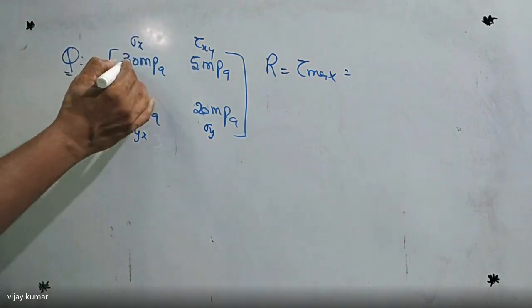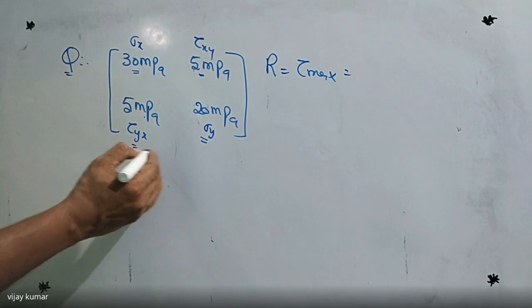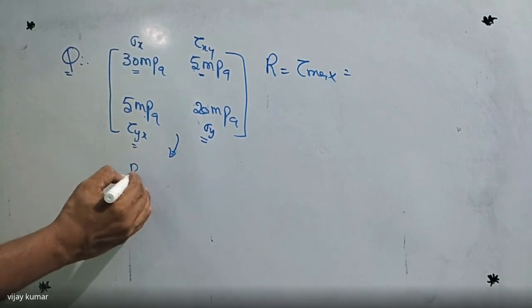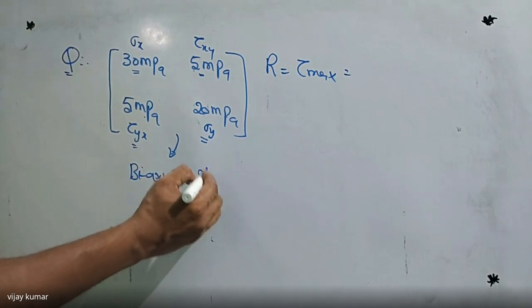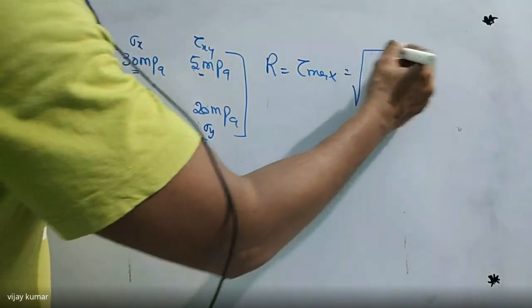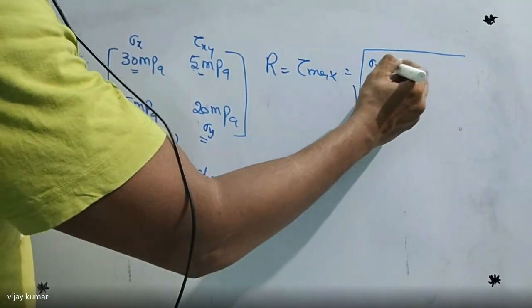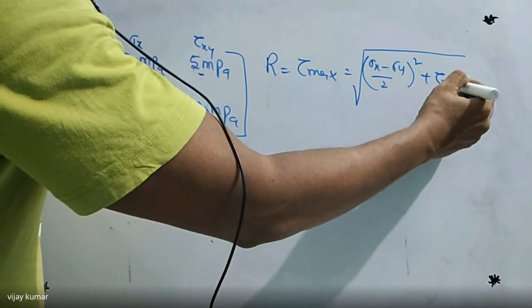That means there must be a sigma x, a sigma y, and a tau xy. So which case does it belong to? Biaxial and shear case. So in the biaxial shear case, what is the value of tau maximum? We know that it is the square root of (sigma x minus sigma y by 2) whole square plus tau xy whole square.